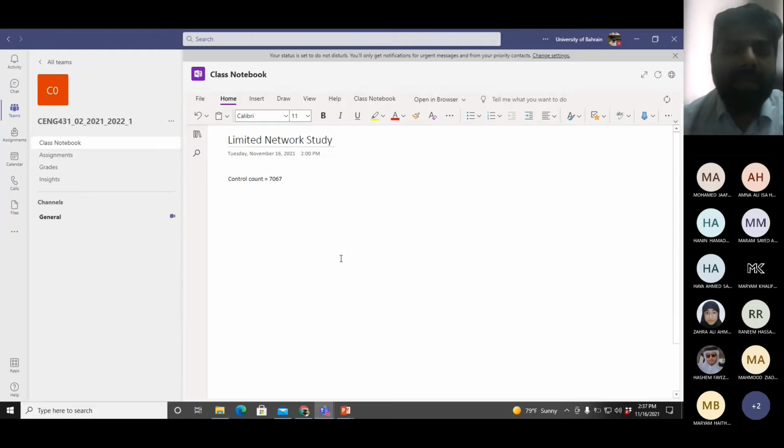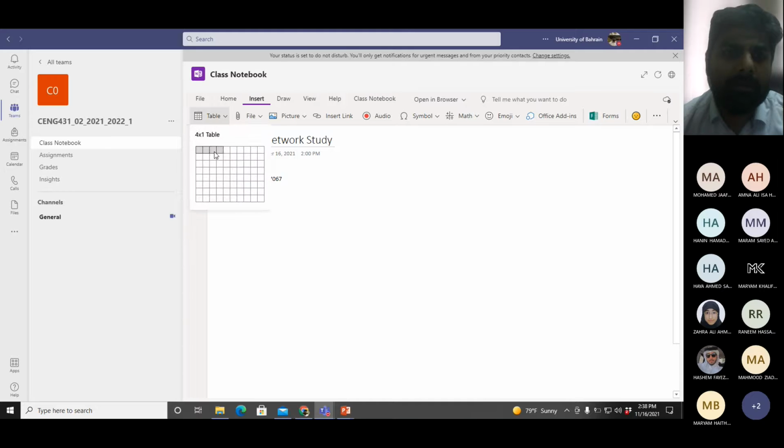Now using this, I will calculate the proportion of the 8-hour count coming in every hour on the control count. Let me make a table here.